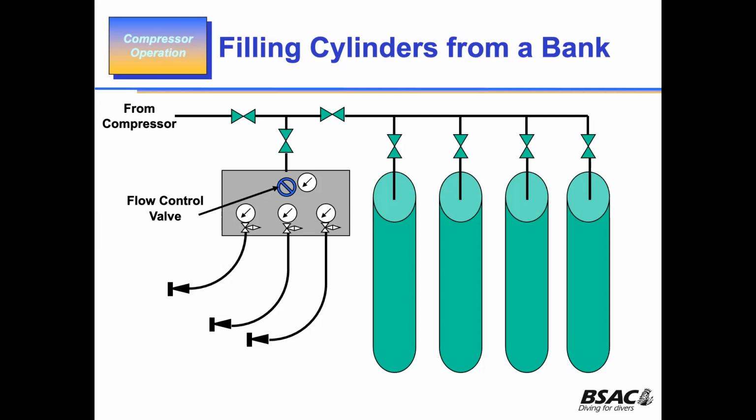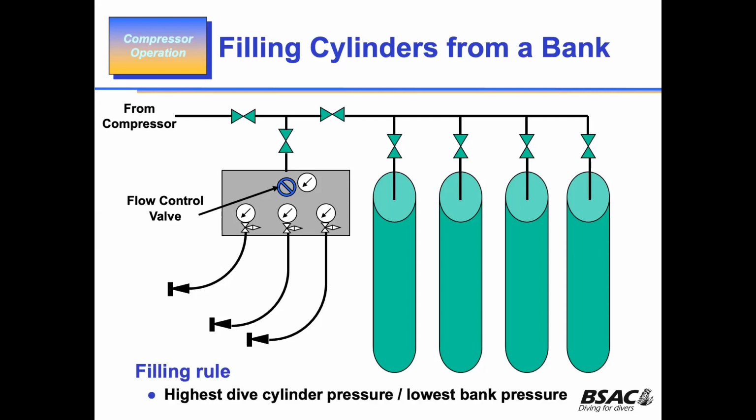So we could fill eight cylinders at a time. Fantastic, it really was, right? And you connect them up, right? And then the main thing to remember is you find the highest dive cylinder pressure, and the filling rule is highest pressure cylinder, and you start with the lowest pressure bank, right?